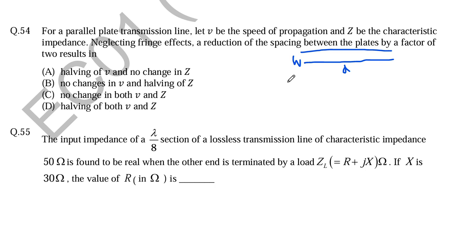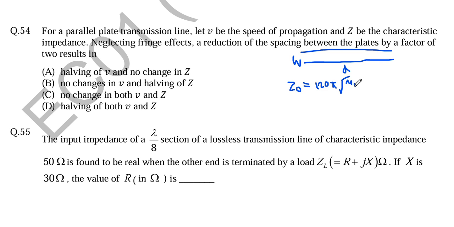Here the formula of Z0, the characteristic impedance, is 120 pi under root mu r by epsilon r.